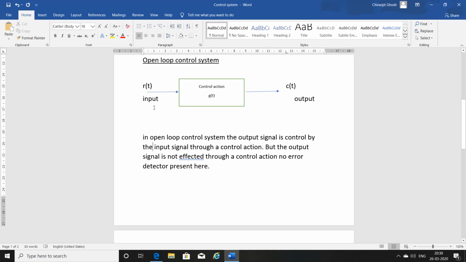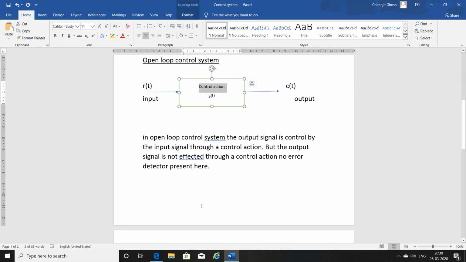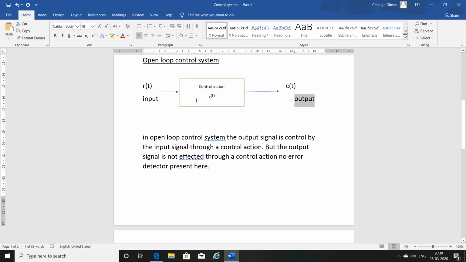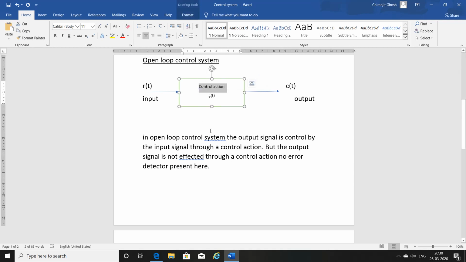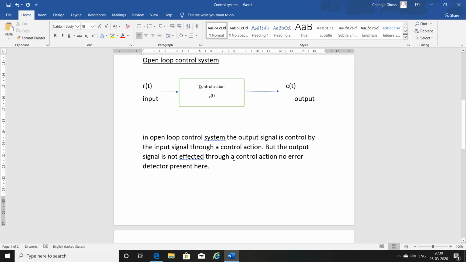So the output signal is controlled by this input signal through a control action, but the output signal is not affected by the control action, because there is no error detector.